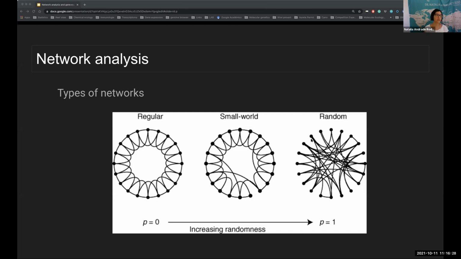In network analysis, it started when people saw that networks were built, let's say, from relationships between humans and how you know one person or the other. Then people started trying to understand why this pattern emerges.